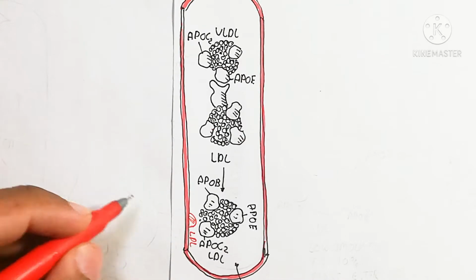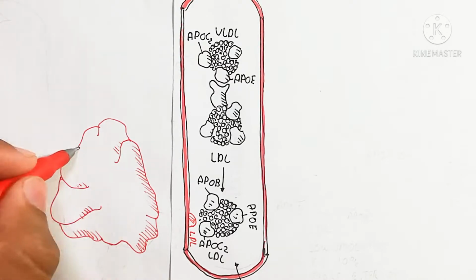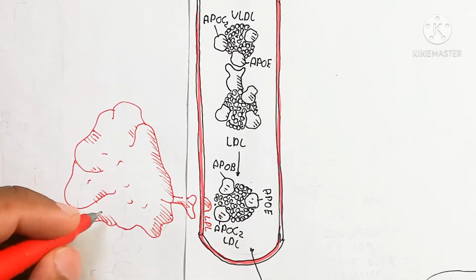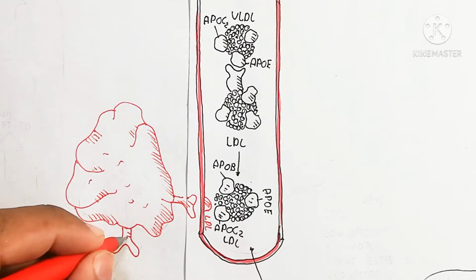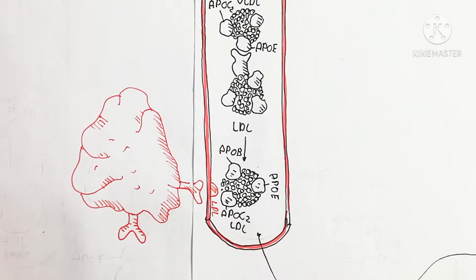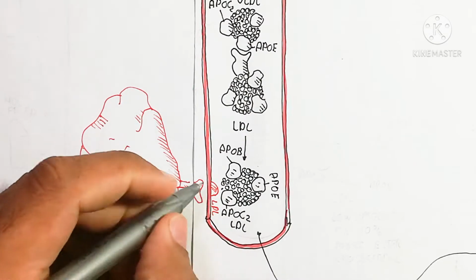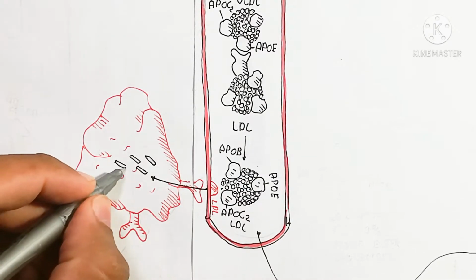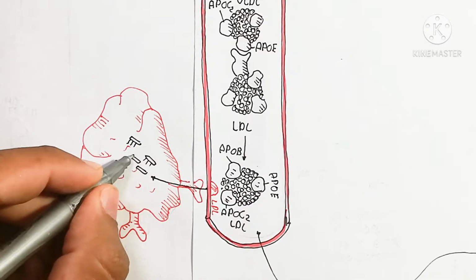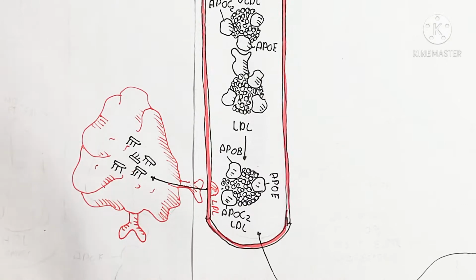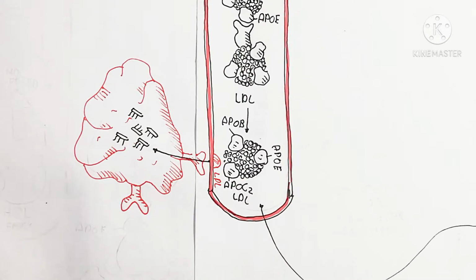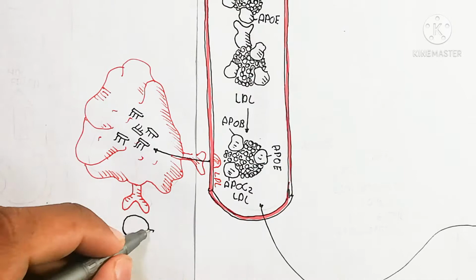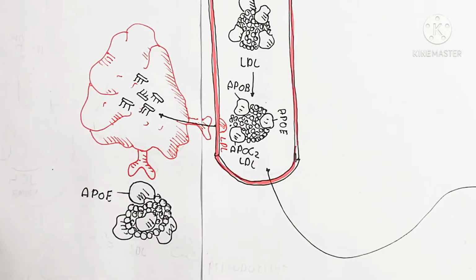So the ApoC site is important for the adipocyte receiving mechanism for the receptor. On the other hand, ApoC2 is used for the other tissue to donate phospholipids and cholesterol and triglycerides.